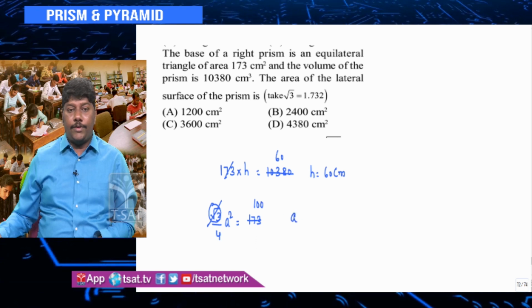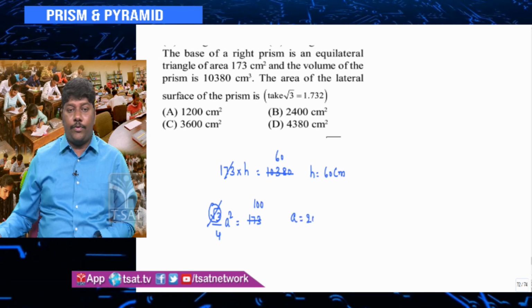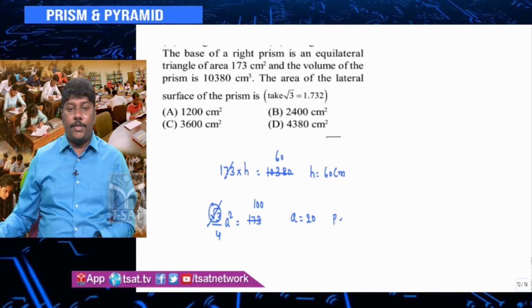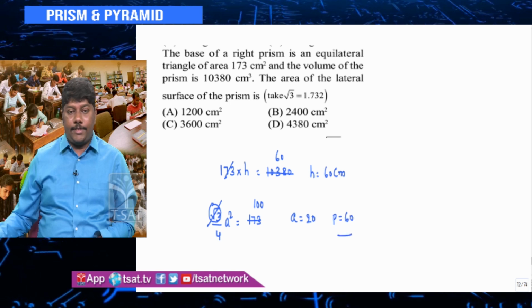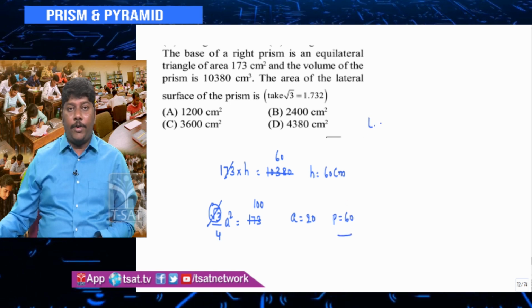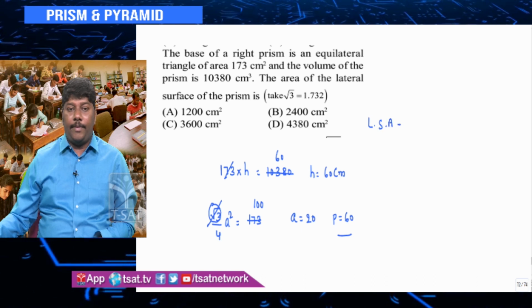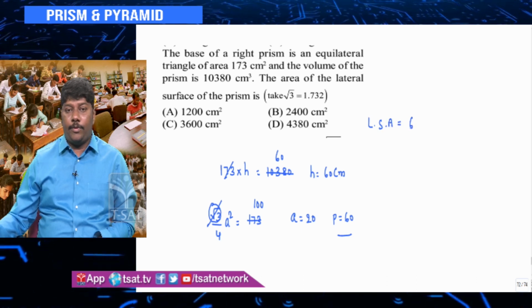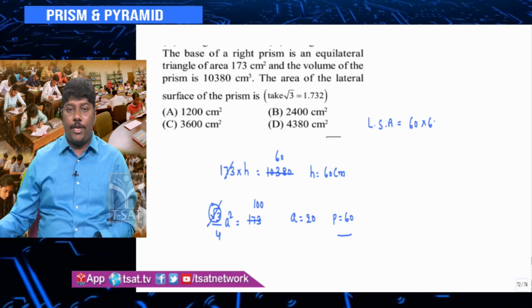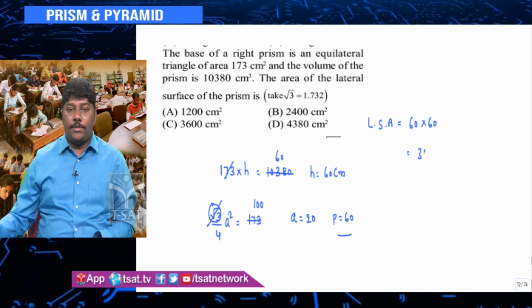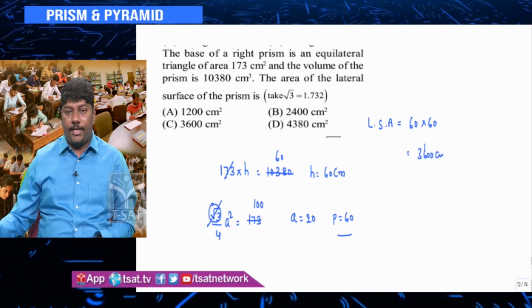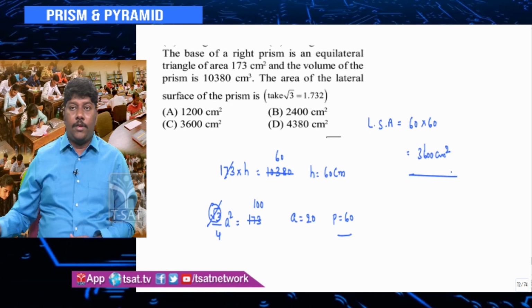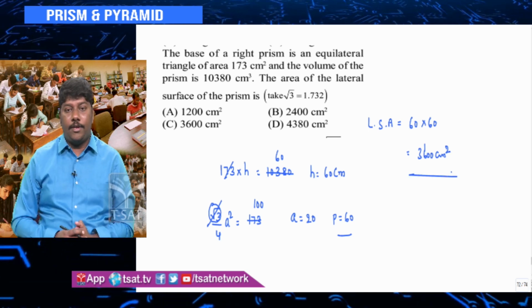Therefore, a square is equal to 400, a is equal to 20, perimeter is equal to 60 because there are 3 sides. So, in order to find out the lateral surface area, multiply the base perimeter into height. 60 into 60, 3600 centimeters square. So, these are the questions based on prism.